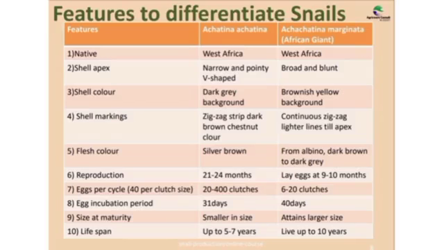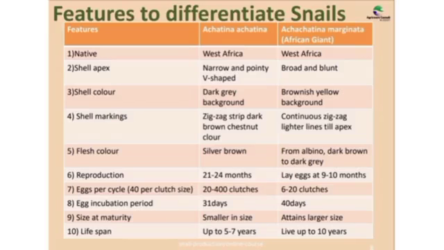At a second look, it may look purplish, that is, the shell color may look like a purple background. For Achatina marginata, the shell is brownish yellow, meaning it has a brownish yellow background which is lighter compared to Achatina achatina.